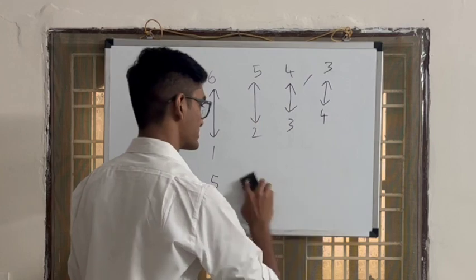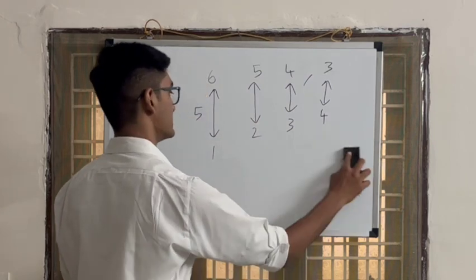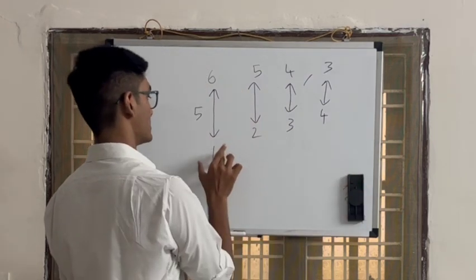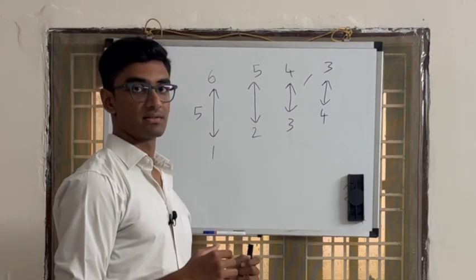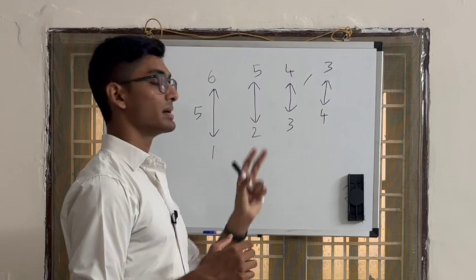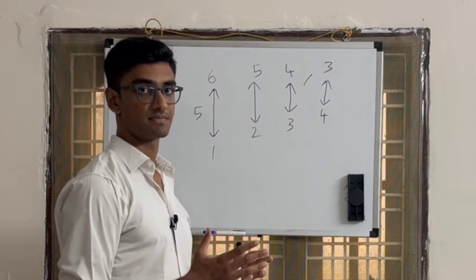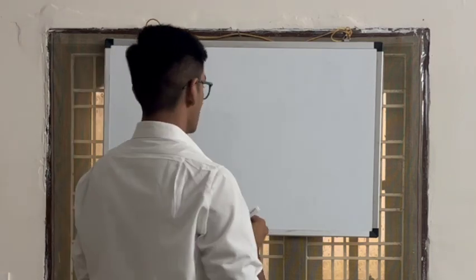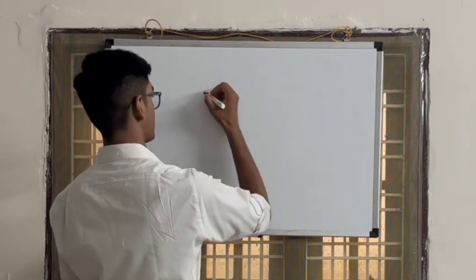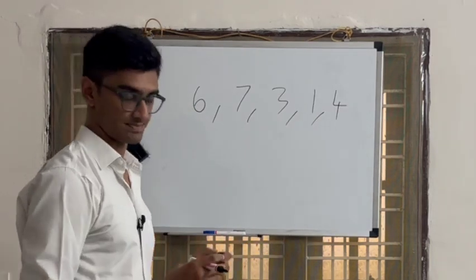Now we understood that we should arrange it in such a way that the highest number has the lowest permutation value. But in this case, I sorted it, and it's not actually in sorted order in the example I've given you. Let's take this one.